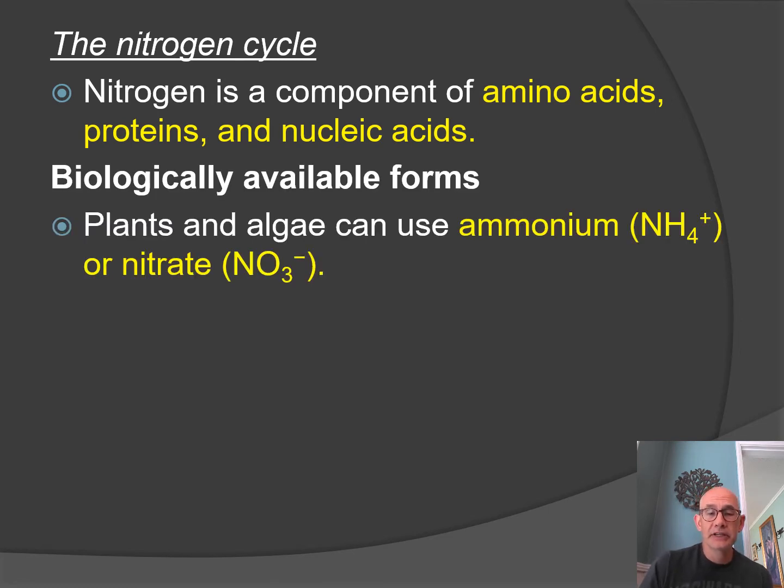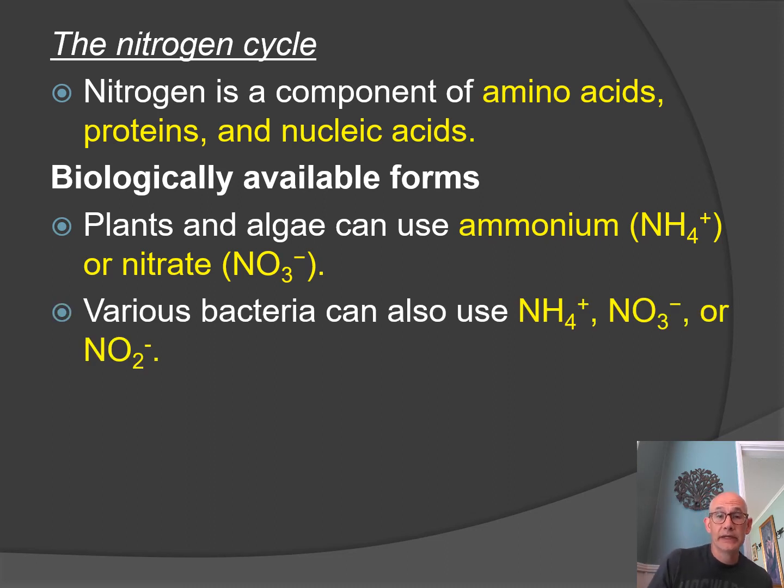The biologically available forms, plants are able to use ammonium and nitrate. They prefer nitrate, and they will convert both of these into amino acids, which is the only way that we can actually use nitrogen. We have no capability of using either ammonia or nitrate. We can break nitrates down, possibly, unless you have an enzyme deficiency.